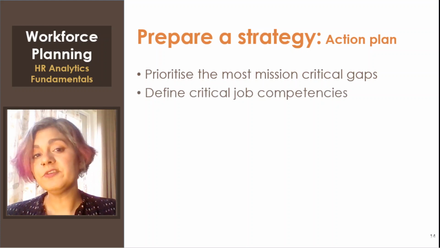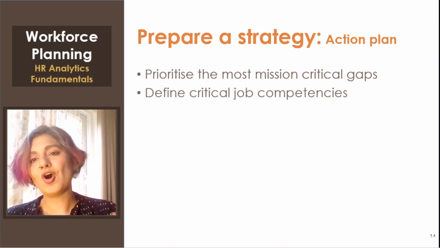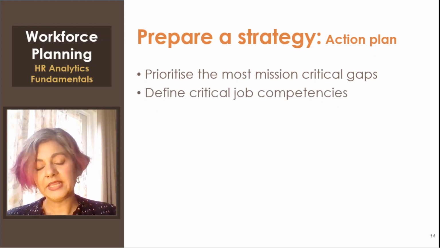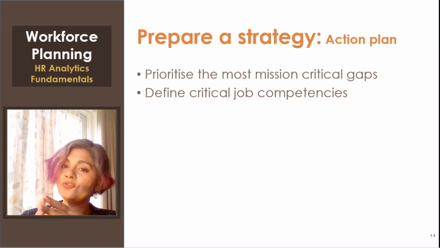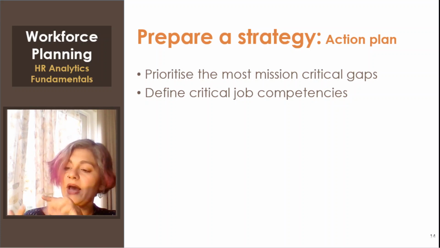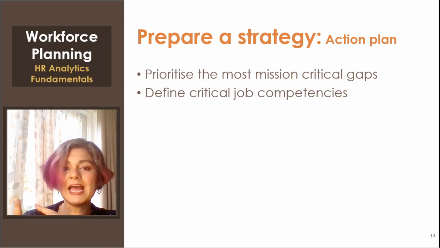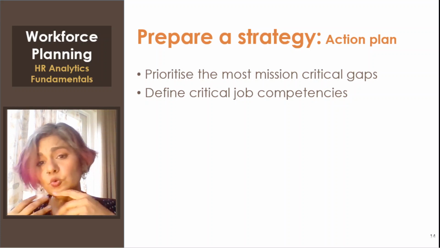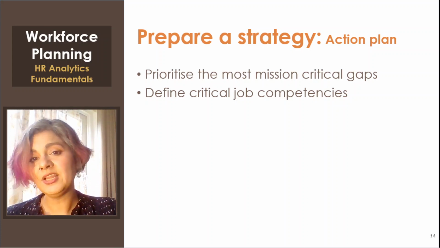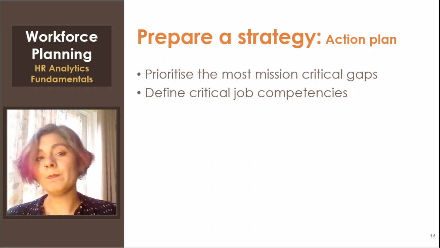Similarly, you would want to define your critical job competencies. So in our data set, we saw that we have 3 roles within this company. You have the manager, you have the consultant, and you have the developer. You need to see as an organization which are your critical job competencies.